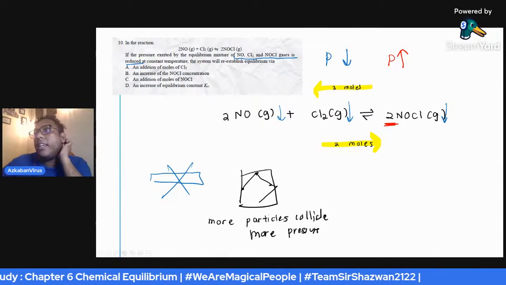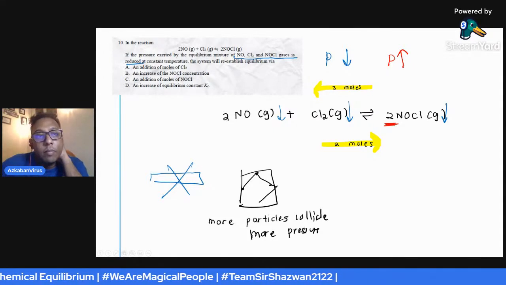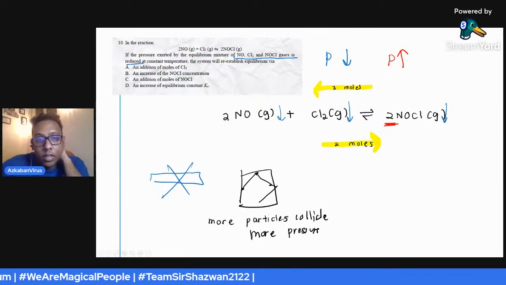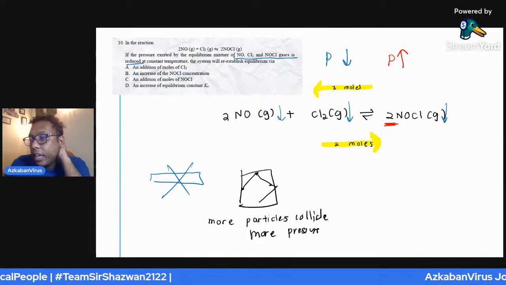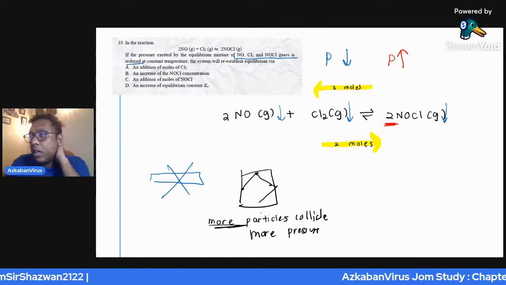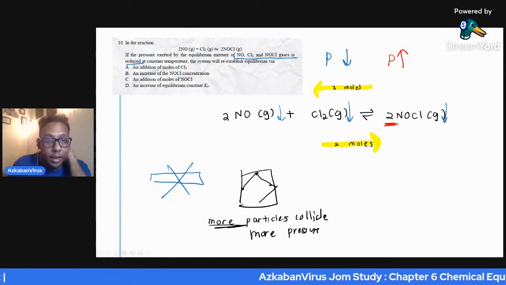So, sekarang ni cara sistem nak buat macam mana? Sistem nak tingkatkan pressure. Dia nak tingkatkan pressure, mesti hasilkan more particles. Dia nak ke kiri ataupun ke kanan?